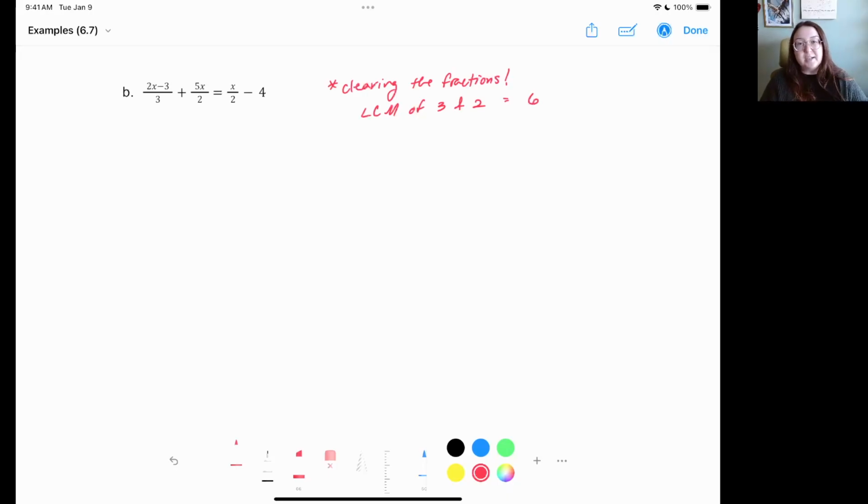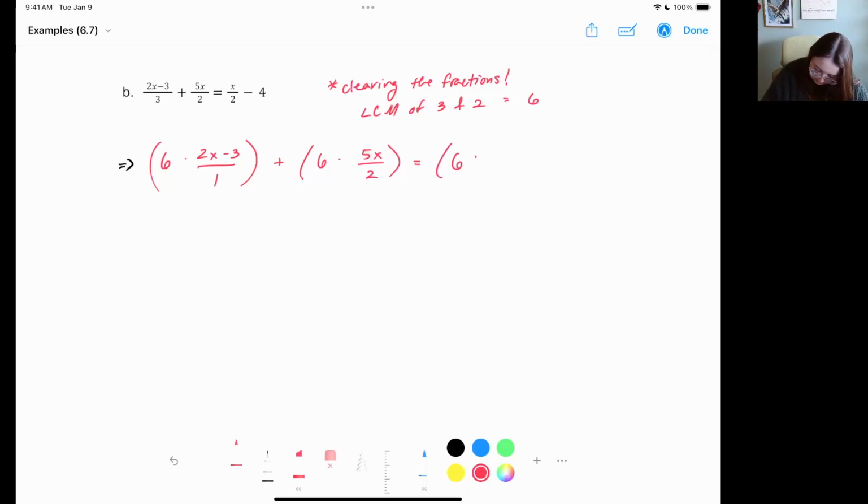So to clear the fractions, we're going to multiply every single part of our equation by 6. So that means we'll have 6 times 2x minus 3 over 3, plus 6 times 5x over 2, is equal to 6 times x divided by 2, minus 6 times 4.